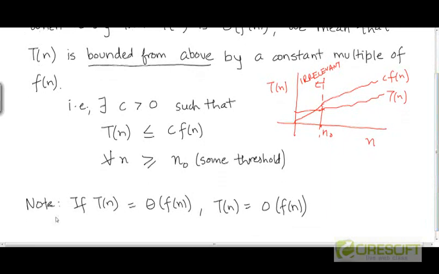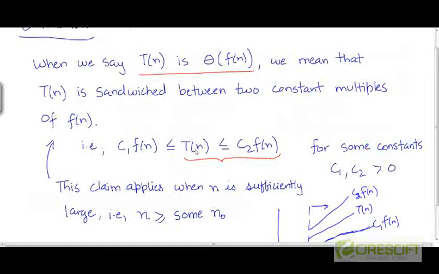So naturally, if T of n is theta of f of n, then T of n will also be big O of f of n, because if T of n is theta of f of n, it satisfies this definition, and so it's automatically going to satisfy the definition of big O of f of n.